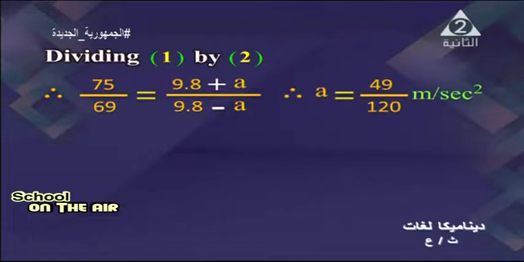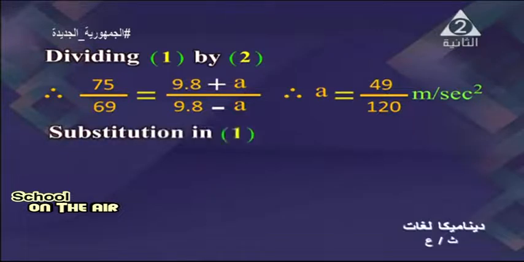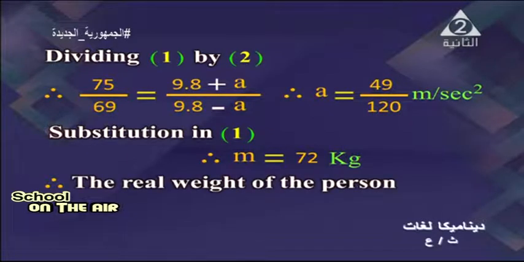Then the acceleration A equals 49 over 120 meter per second squared. Now we can substitute in equation number 1. Then the mass of the person equals 72 kilogram, and the real weight of the person equals 72 kilogram weight.